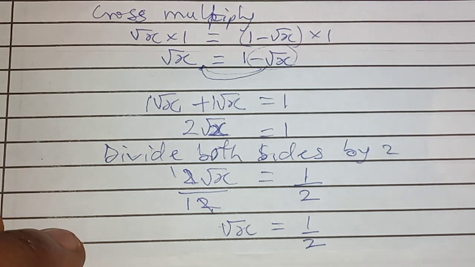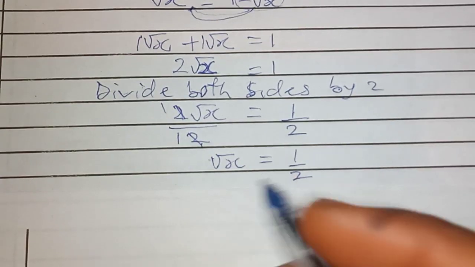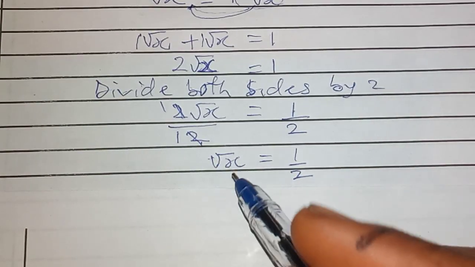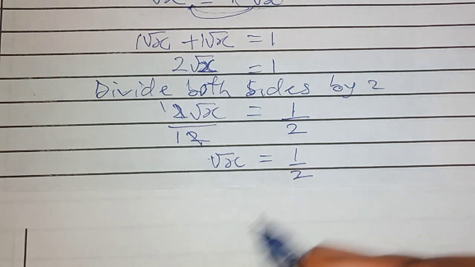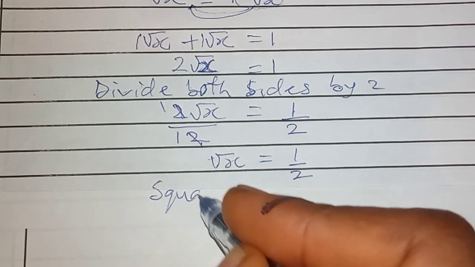Then the next thing is to remove this square root. So for us to remove this square root, we square both sides.